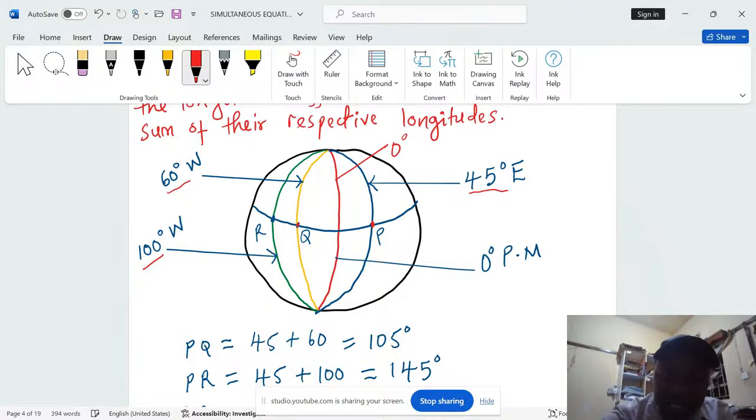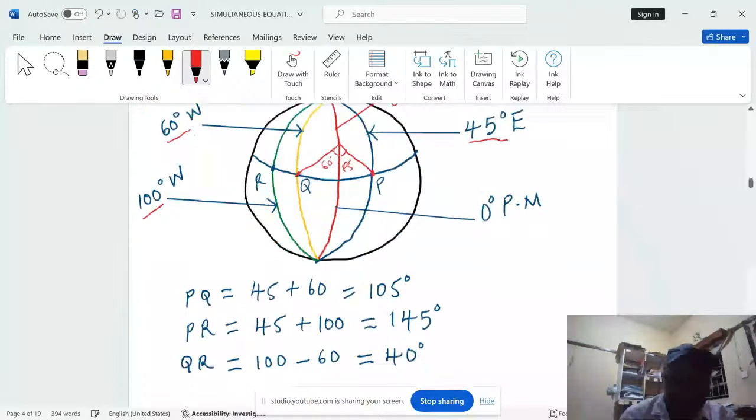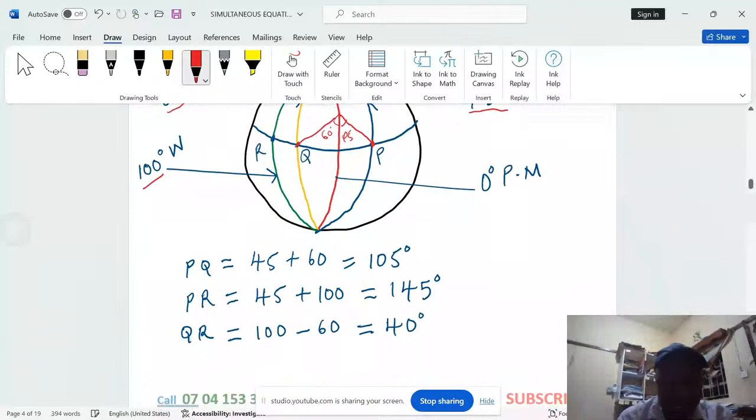This is 0 degrees prime meridian. If P is to the east, that is 45, and Q to the west, that is 60, then the longitude difference is simply the angle between the two places. Because they are on opposite sides, we are going to add. At this point we have 45, and at this point there is 60 degrees. Therefore, we add 60 and 45 to give us 105 degrees.